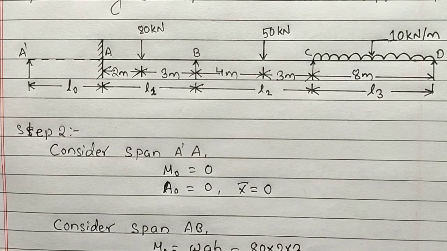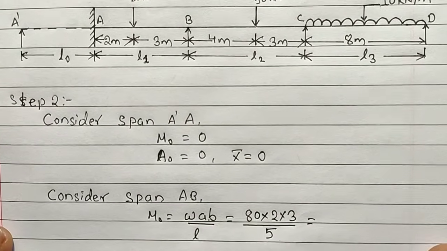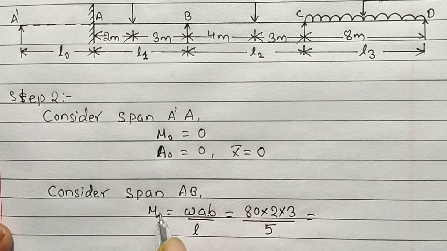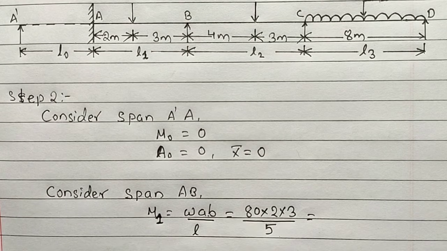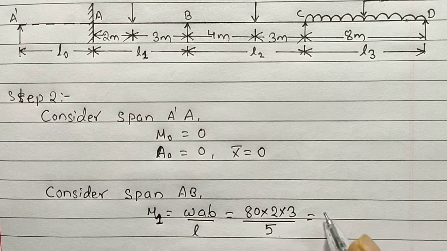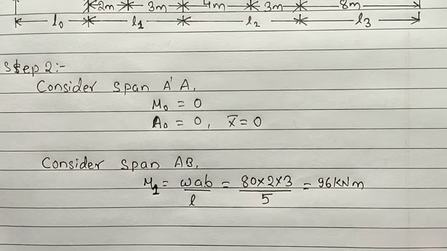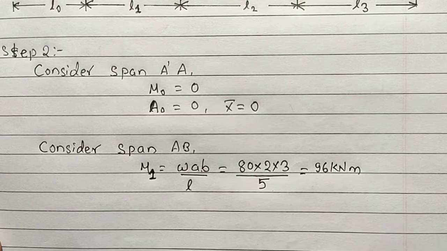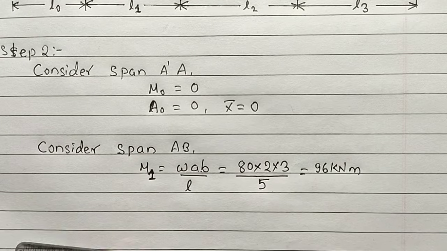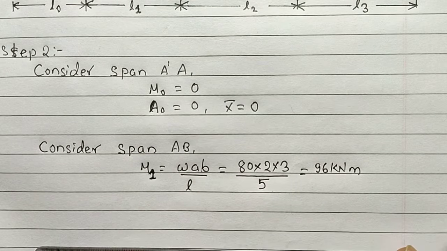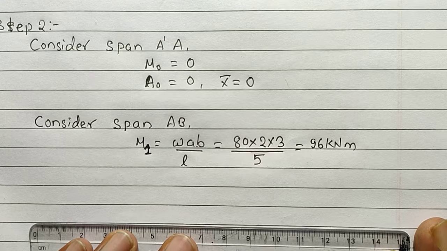On doing so we will have the value of M1. This is going to be our M1. So M1 will be 96 kilonewton meter. Now let us draw the diagram of this moment. See here guys, how to draw the diagram.